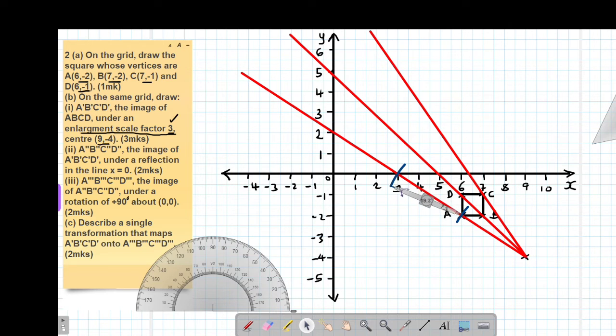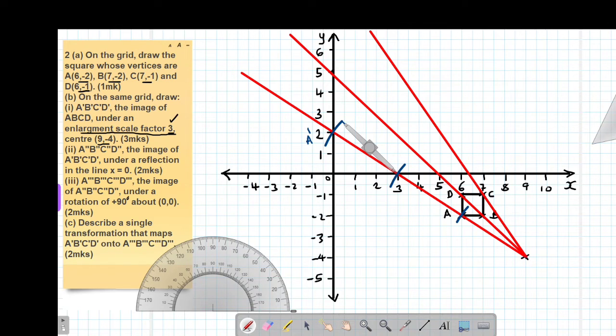So this is the second time. Then we need the third time because the scale factor is positive 3. So I'm going to make another movement here. Whatever I've obtained, that is the image of A, which is our point A prime.